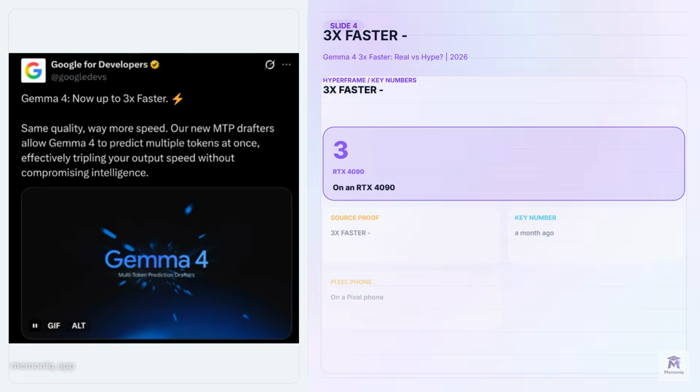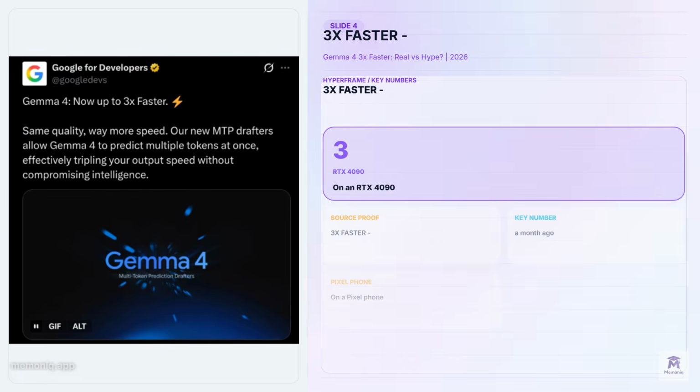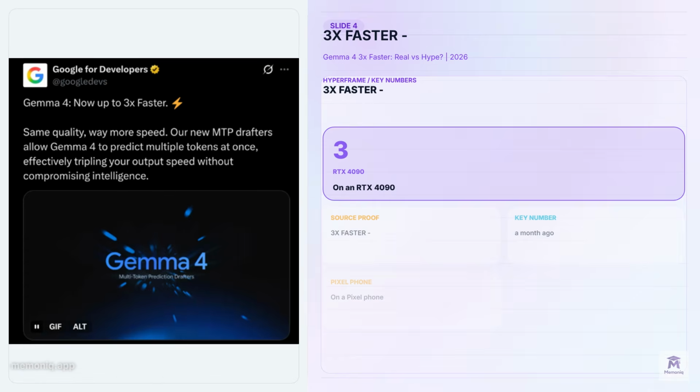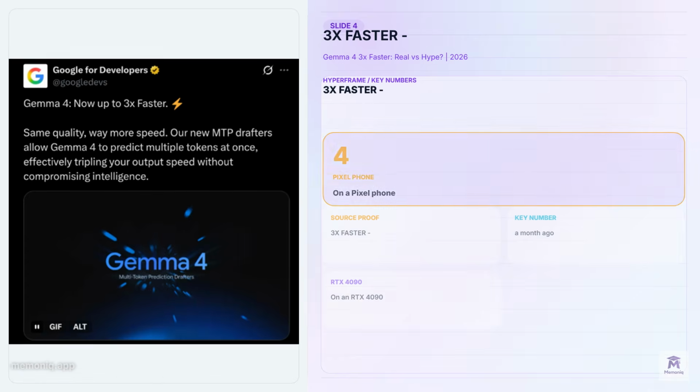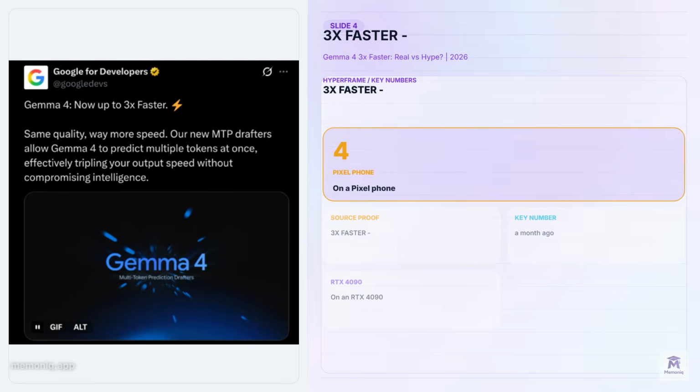But here's the first caveat you need to know: this isn't a flat 3x everywhere. On Apple's M4 silicon, the same 31B model saw a 2.5x speedup, still massive but not the headline number. Why? Memory bandwidth. The M4's unified memory is fast, but it's not dedicated RAM.